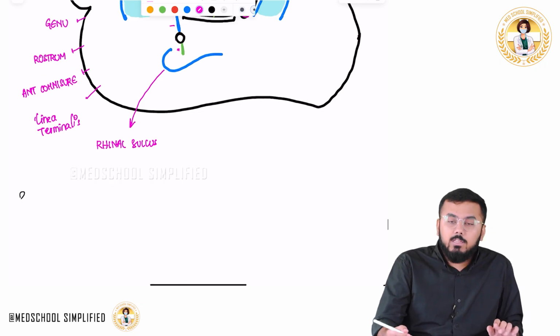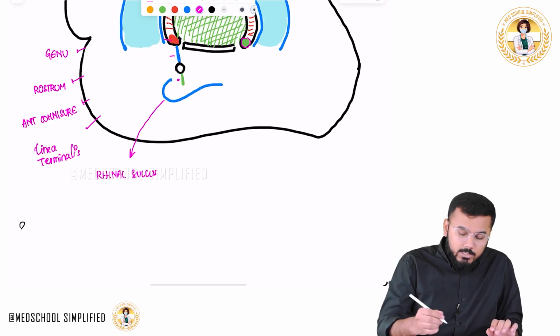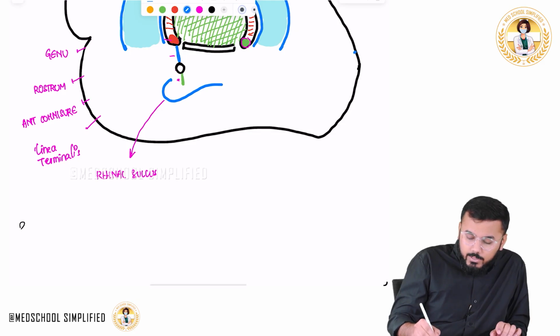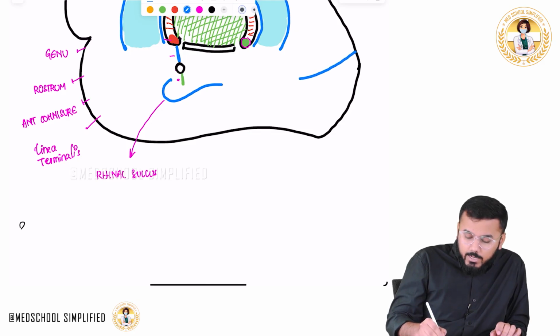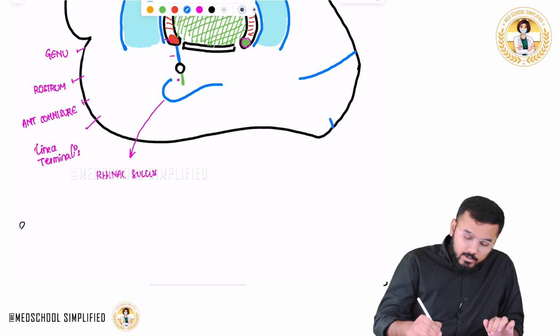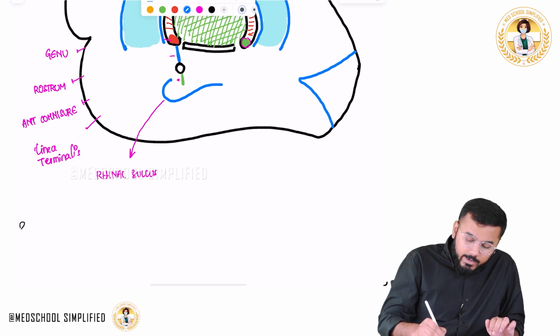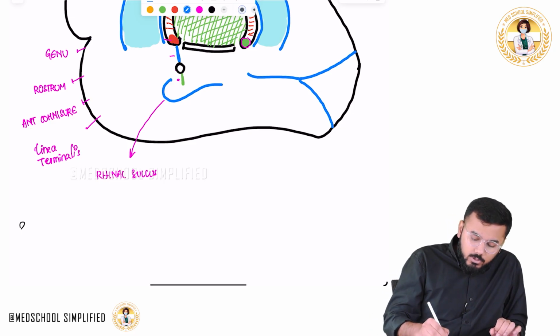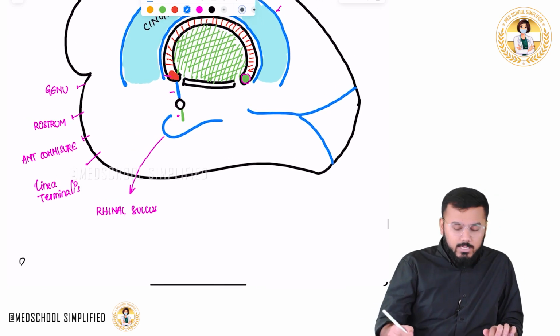Okay. Now after this rhinal sulcus, the next important sulcus over here, just look here now. This sulcus which I am drawing right now is called as parieto-occipital sulcus. After that, this sulcus which I am drawing right now over here is called as calcarine sulcus. So this is your parieto-occipital sulcus as well as calcarine sulcus.